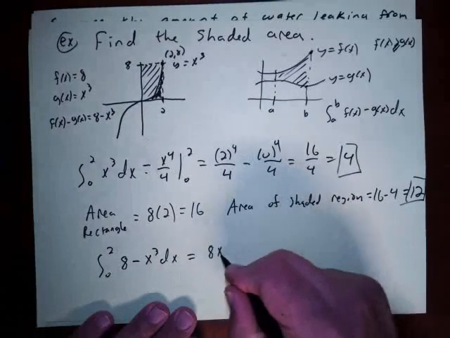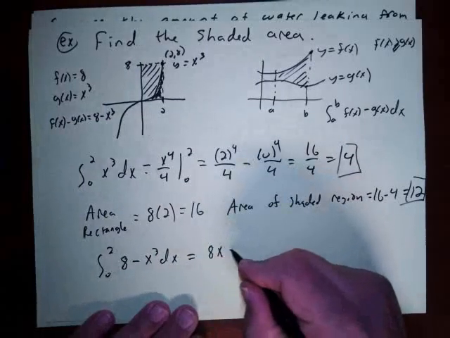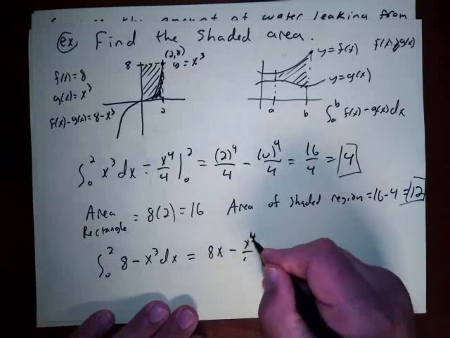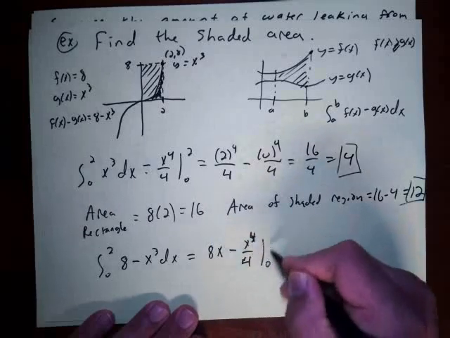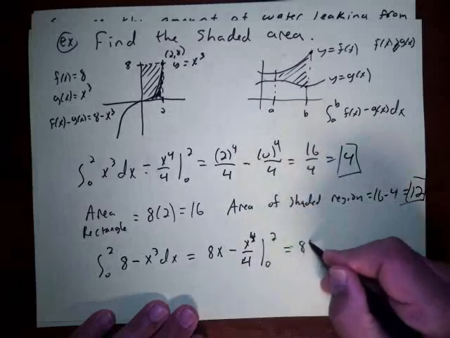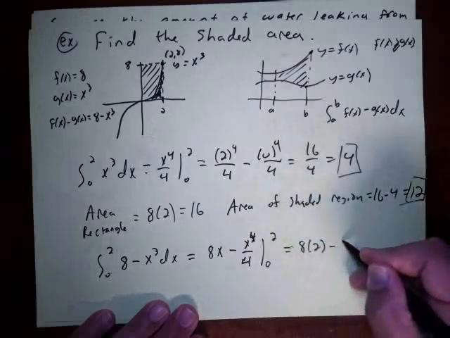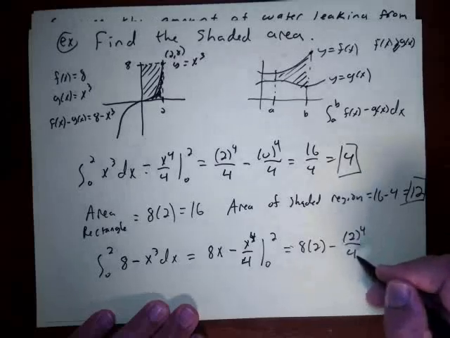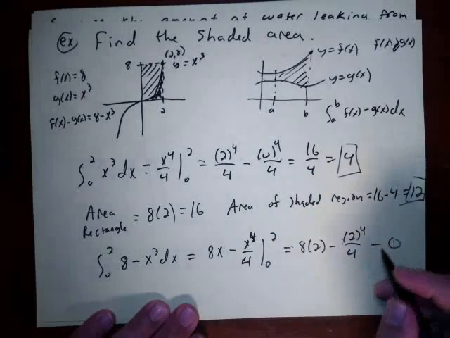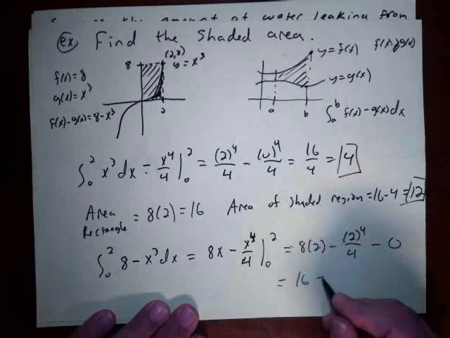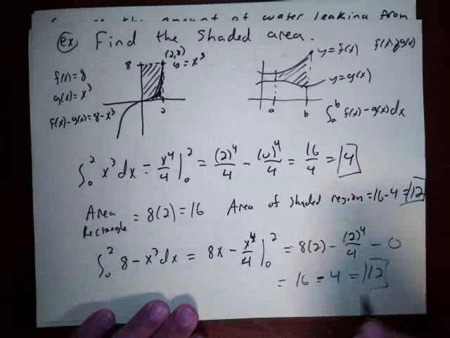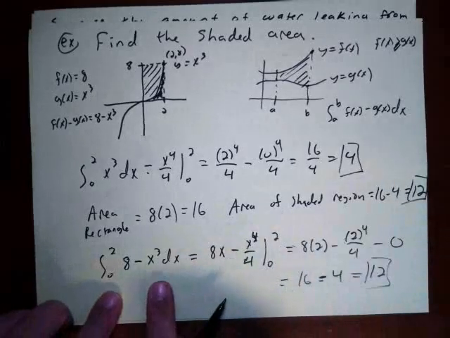So this would have been 8x minus x to the 4th over 4 from 0 to 2. Plugging in the 2 would give me this, and plugging in the 0 just gives you 0, and this is 16 minus 4, which is 12.